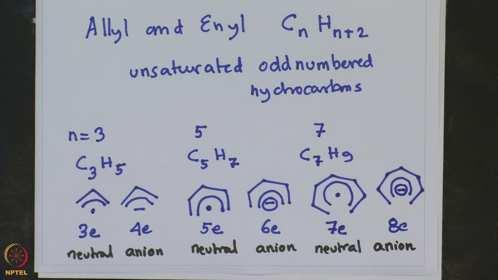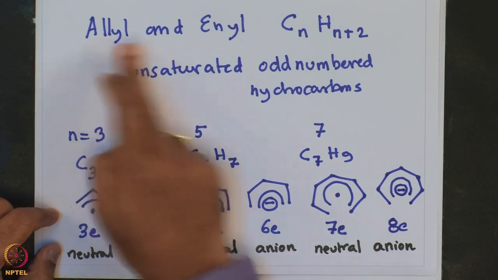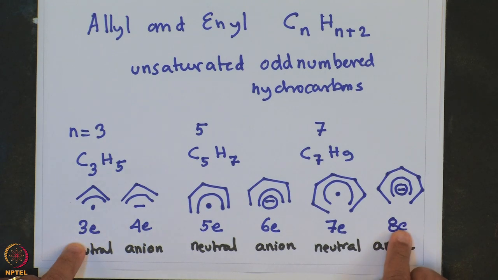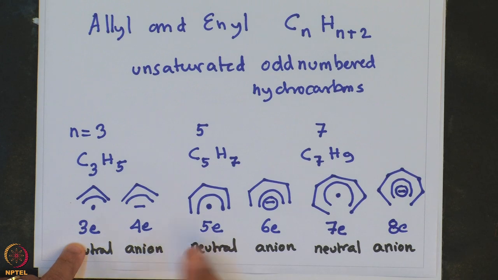Now, what is important here is that these ligands provide a wide range of electron donating capacity, which can range from 3 electron donor to 8 electron donor. Each of these ligands can exist in neutral, anionic as well as cationic forms.